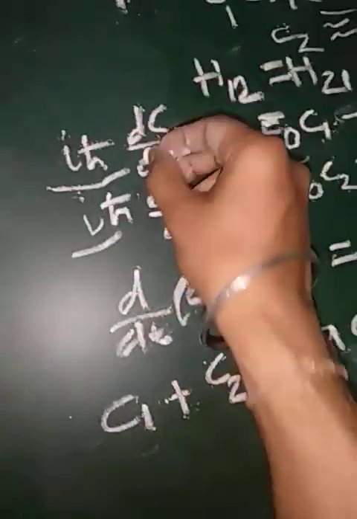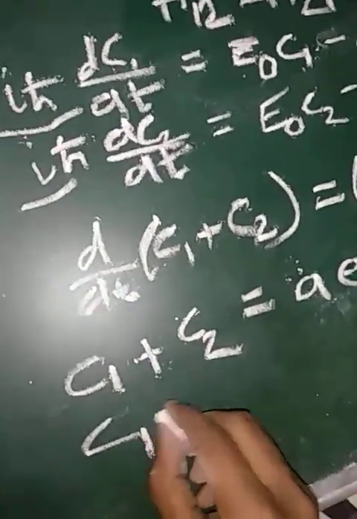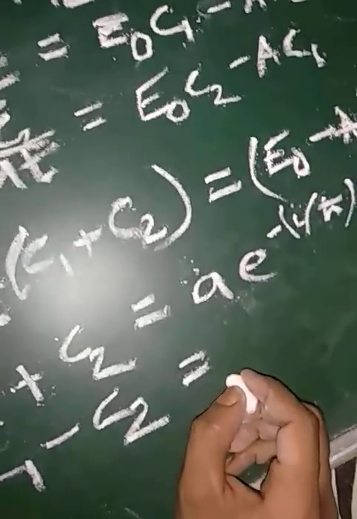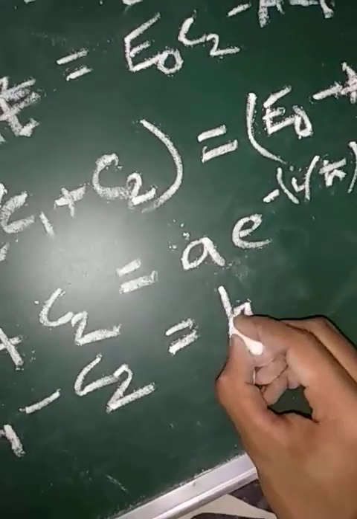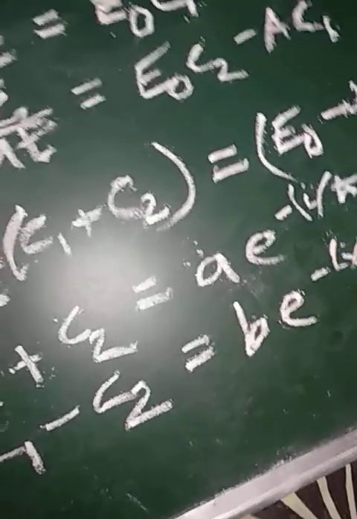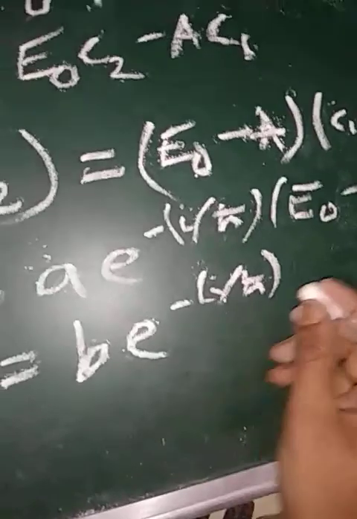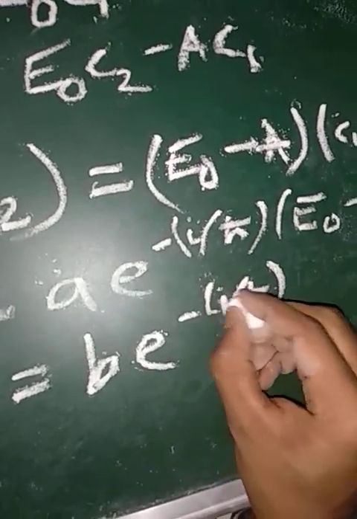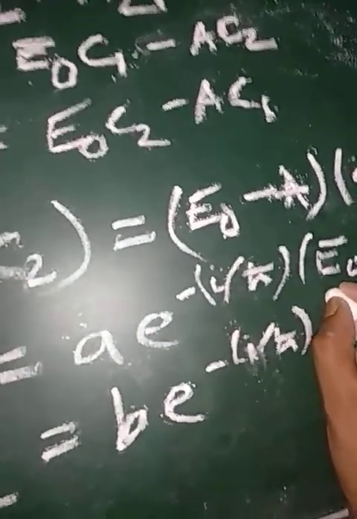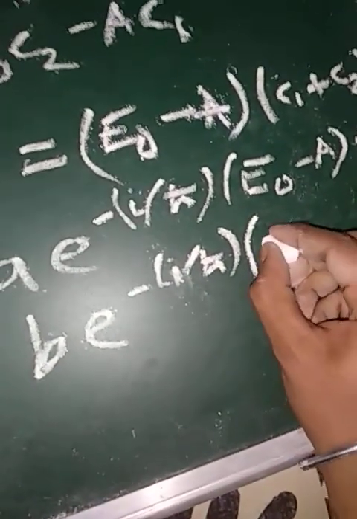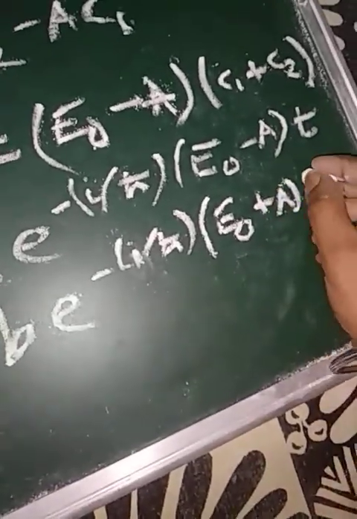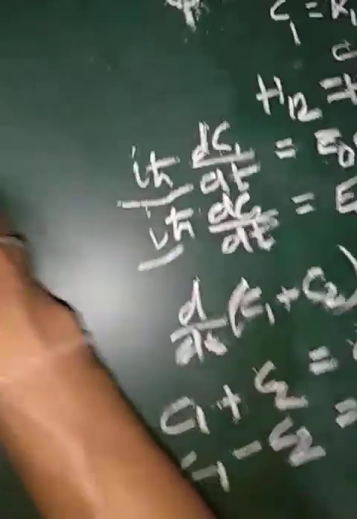Similarly, if we subtract this from this, then we have C1 minus C2, which will give us B. This is another exponent into e to the power minus i by h cut into (E naught plus A) into t, because in subtracting we have just added E naught and A. Okay, we are done.